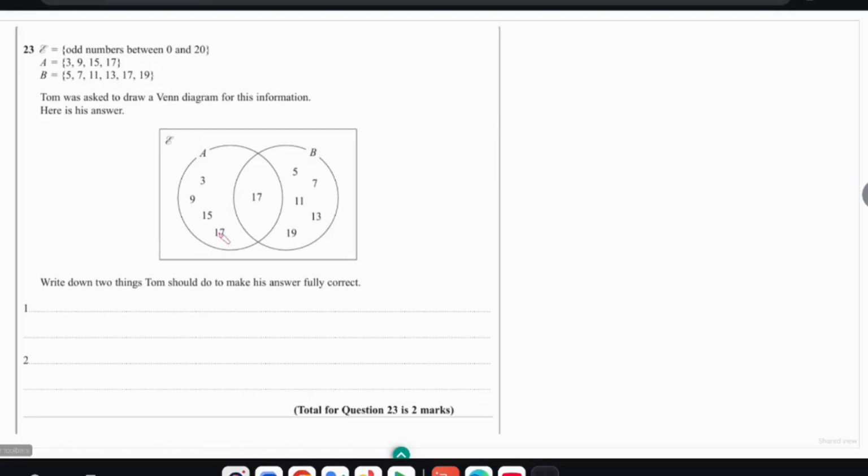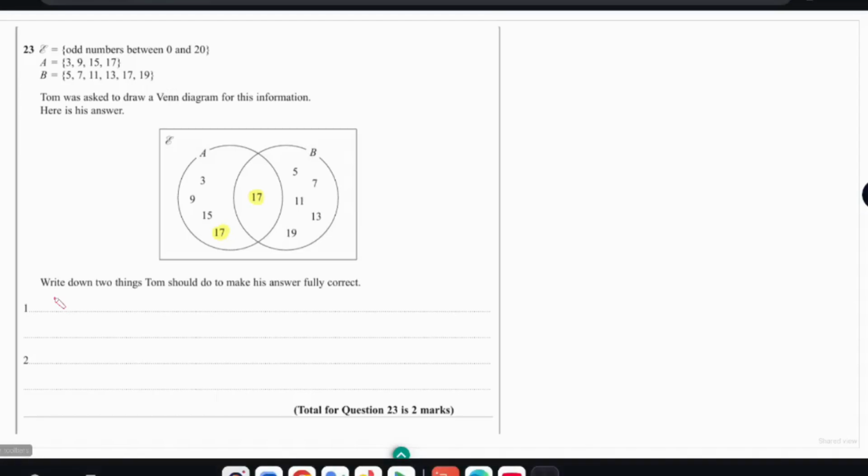He's got 17 in twice, I noticed straight away. 17 is in two different places. So it should only appear once.